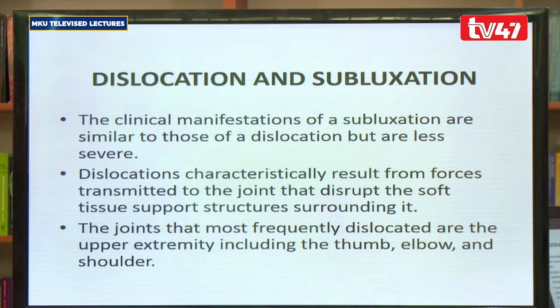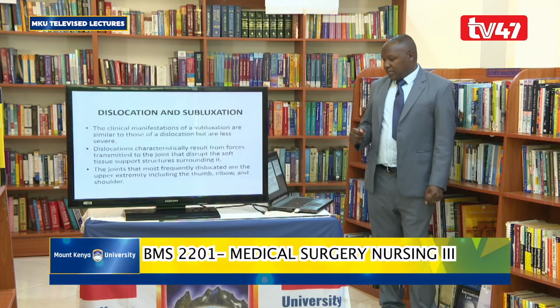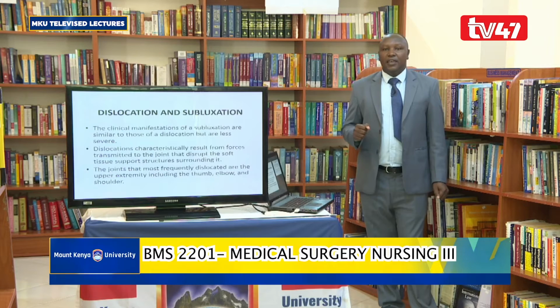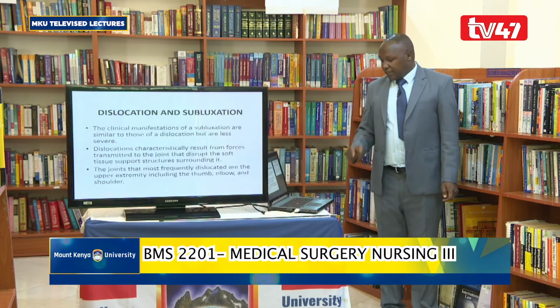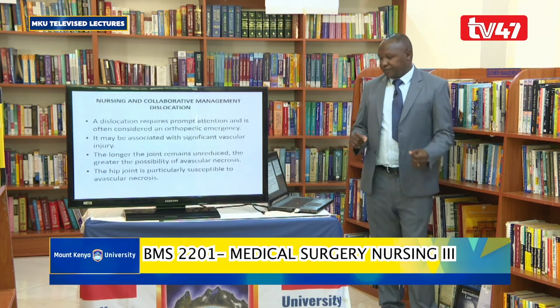Dislocation characteristically results from forces transmitted to those joints, which disrupt the soft tissue that supports the structures that surround those joints. The joints most commonly affected by dislocation include the thumb, the elbow, and even the shoulder joints.